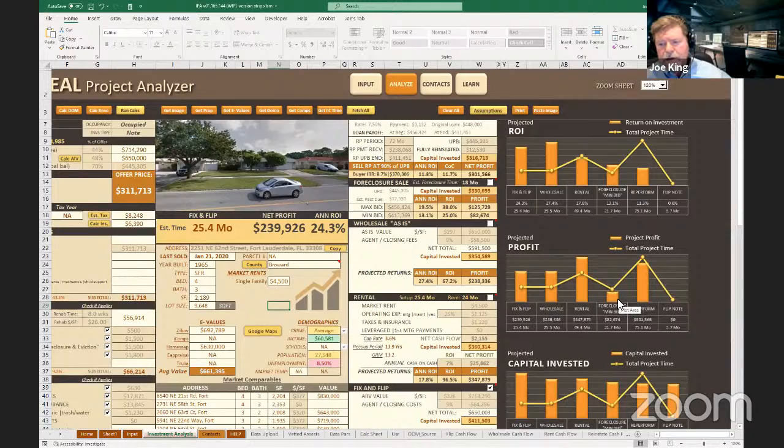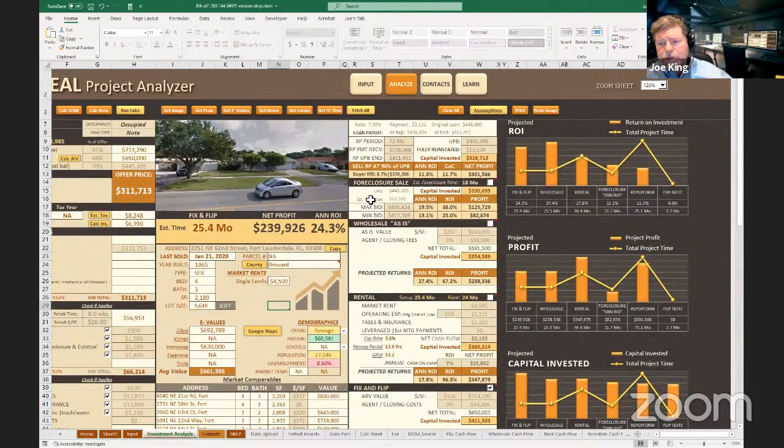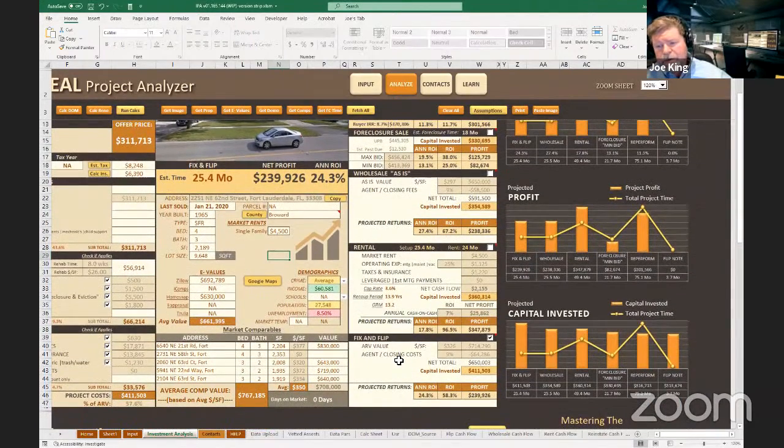Now, with the capital invested, right now it looks like the lowest would be in the reperform area. That would be our lowest, but it's really not that much different than our wholesale. It's really close, 350,000 versus 316. So in this case, if I were to take this property back, I might just wholesale it outright or look into seller financing. The fix and flip wouldn't be too bad if I can hit that 1.1 million mark.